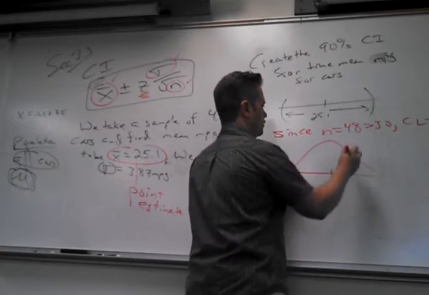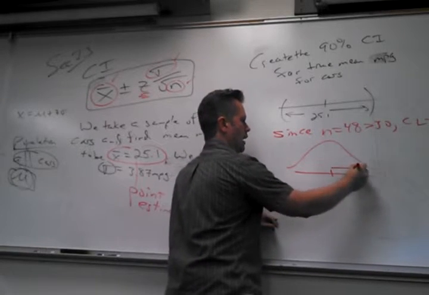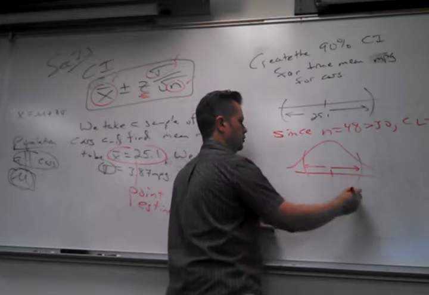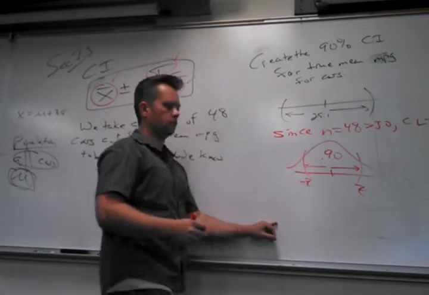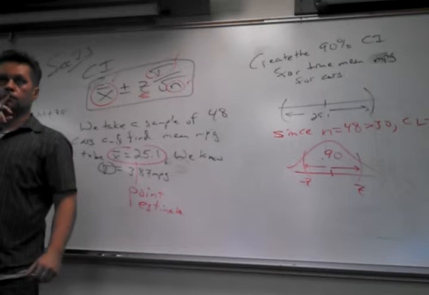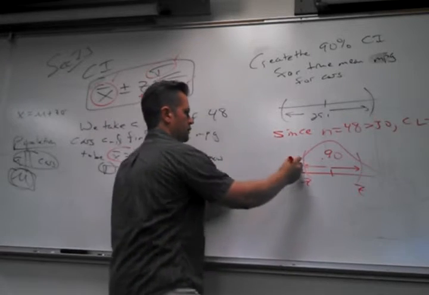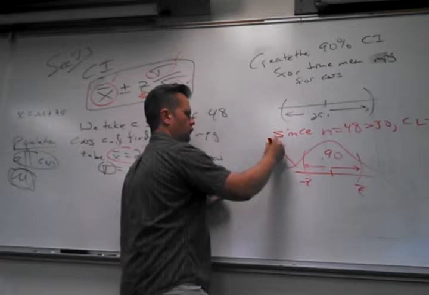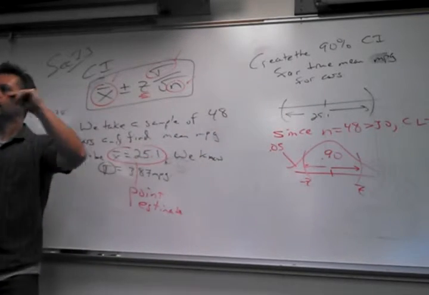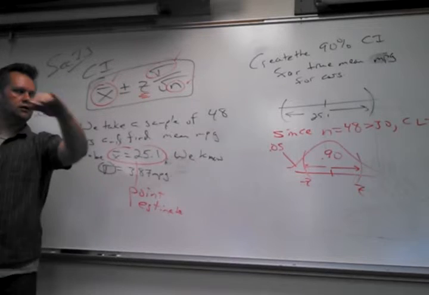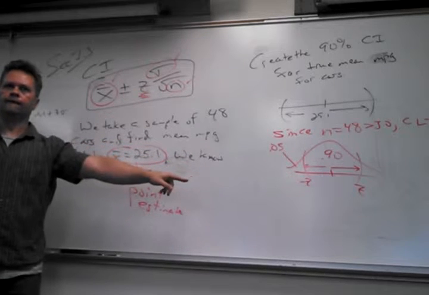All right. So how do I find the z-score then? I want to go out so far that I catch how much? 90%. How do I find the z-scores here then? How much is going to be on this side? Beautiful. If there's 90% in there, there's 10% outside, there must be 5% down there. And you look at your z-score chart and tell me what that is down there.